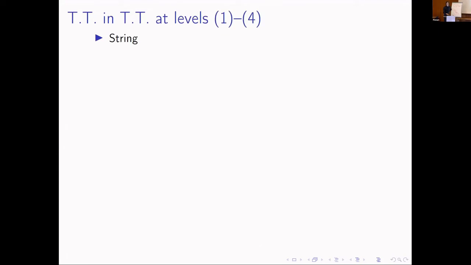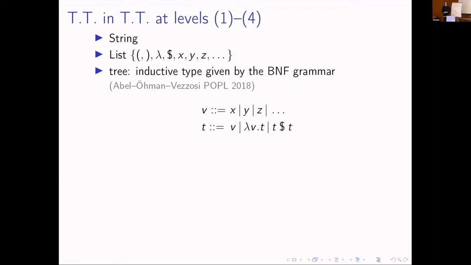If I am at level 1, a term is just a string, and that's it. At level 2, a term is a list of lexical elements. So we have a set of lexical elements and lists built out of those. Then at level 3, this is when the language is given by a BNF grammar.